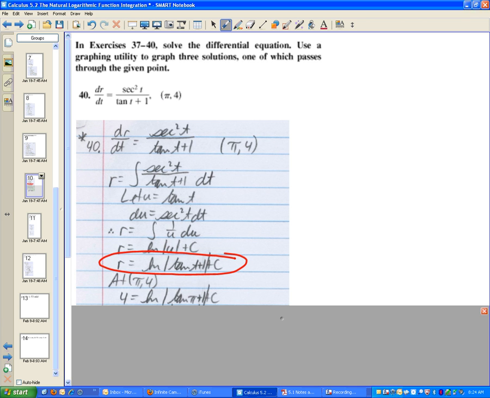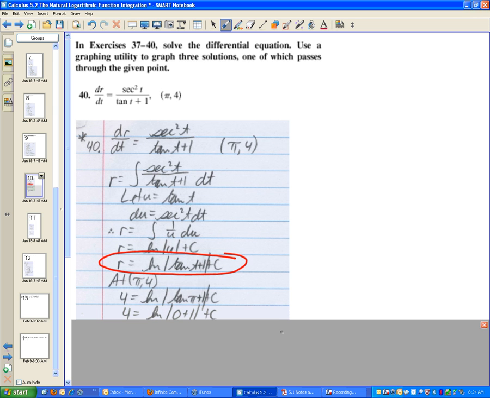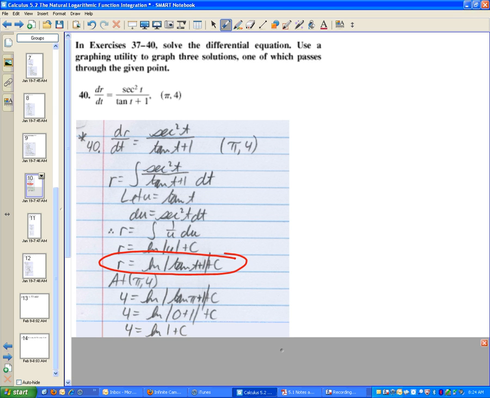All right, work inside your absolute value signs there. What is the tangent of pi? Zero. So 4 equals the natural log of the absolute value of 0 plus 1 plus c. Well, 0 plus 1 is 1. The absolute value of 1 is 1.